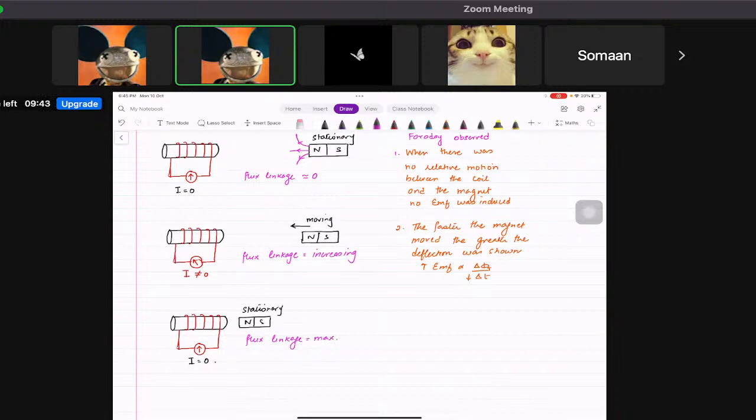Maximum means that the field was completely going through the coil, there was a lot of cutting, but now the flux linkage is maximum, but still there is no current, right?